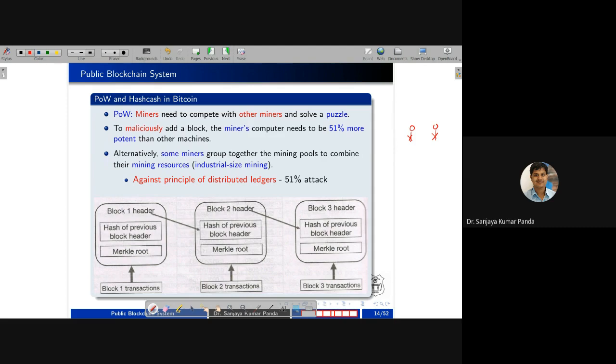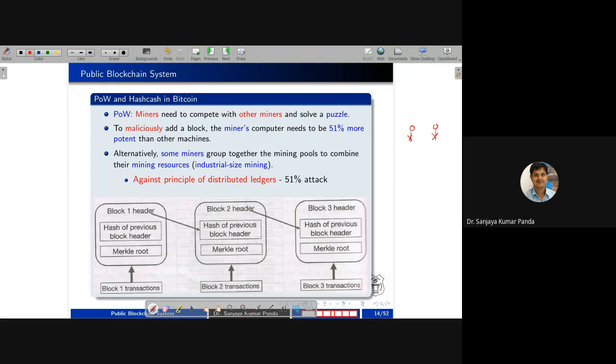So here you can see I have considered three different types of blocks. In each and every block, we have a hash of the previous block, right? And we also have the Merkle root. I'll tell you in detail about the Merkle root, although this term is very popular, so we'll understand it in a more detailed way. Again, you can see the block one header.